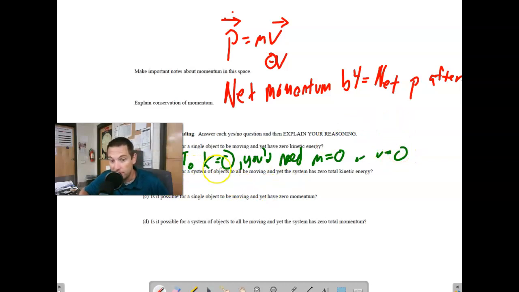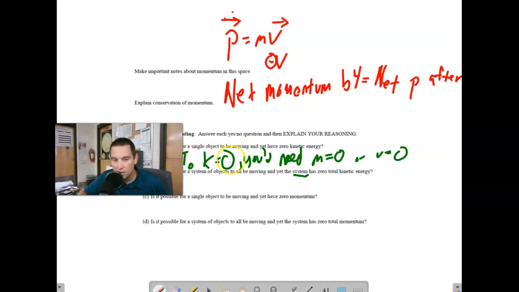Is it possible for a system of objects to all be moving, and yet the system has a total kinetic energy of zero? If we're talking about a system, we're talking about multiple objects. So that means K1 plus K2 plus K3, and so on, however many objects we're dealing with in the system.